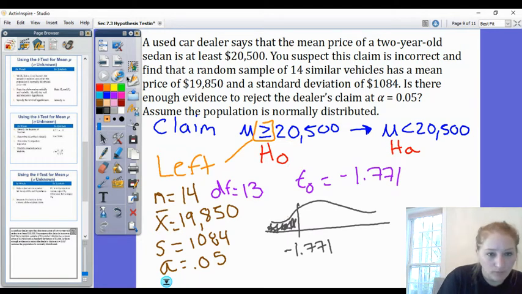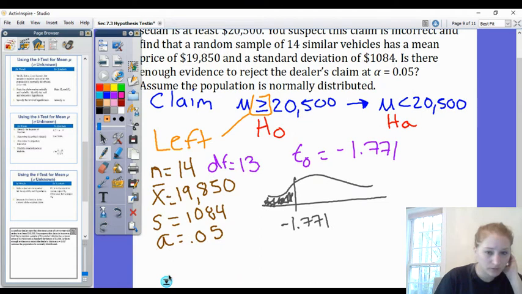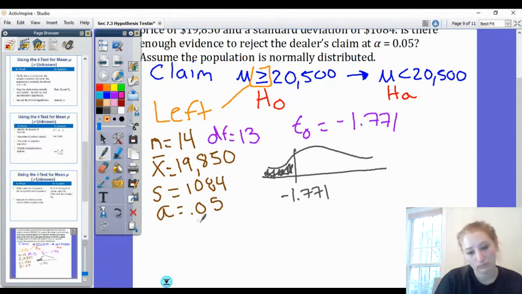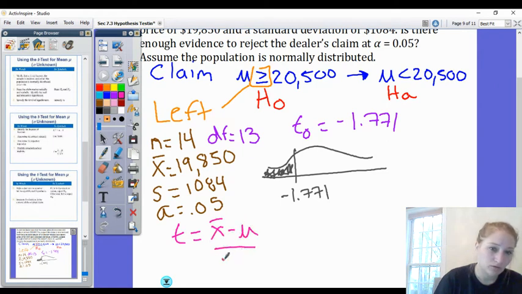Let's go ahead and find the t. Our formula is t equals x bar minus mu over s divided by square root of n.